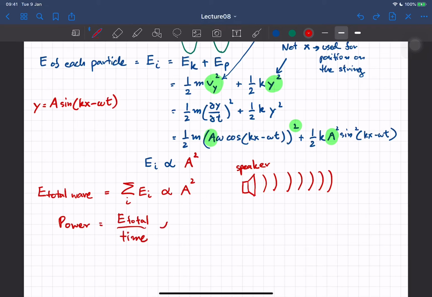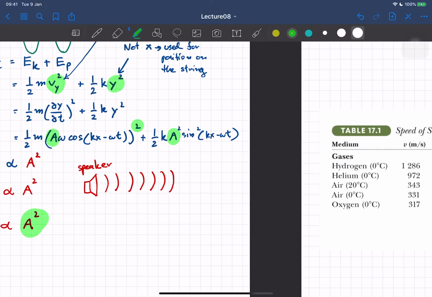So the power of the wave is also proportional to the amplitude square. And that's the important thing that you need to remember. Okay, so power of the wave depends on the amplitude square. So if you want to double the amplitude, you actually don't need to double the power. You need to increase it by square root of 2 times. Okay, so that's something that you should be aware of.